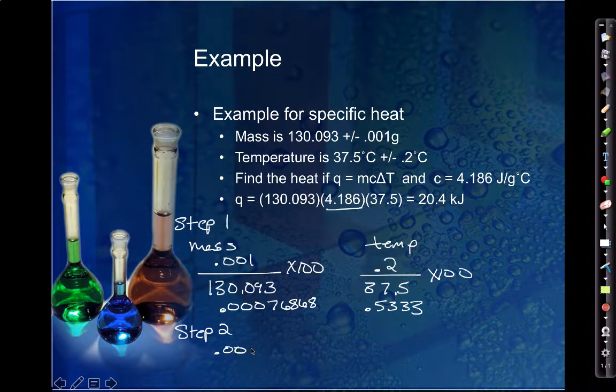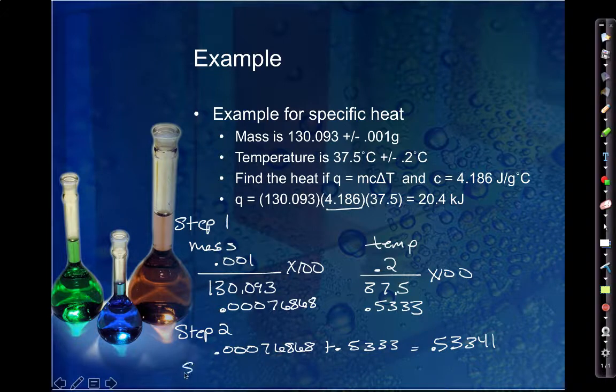So 0.0076868 plus this. It's going to be 0.53341.